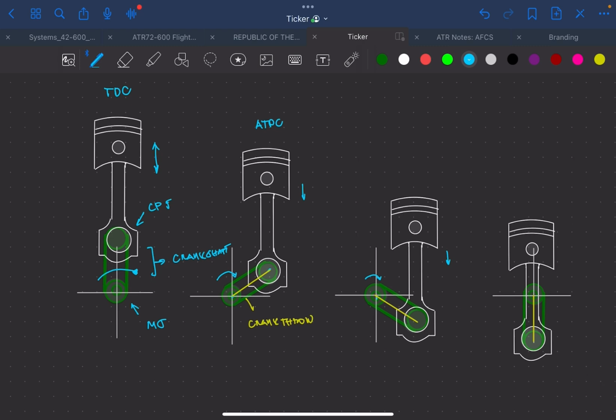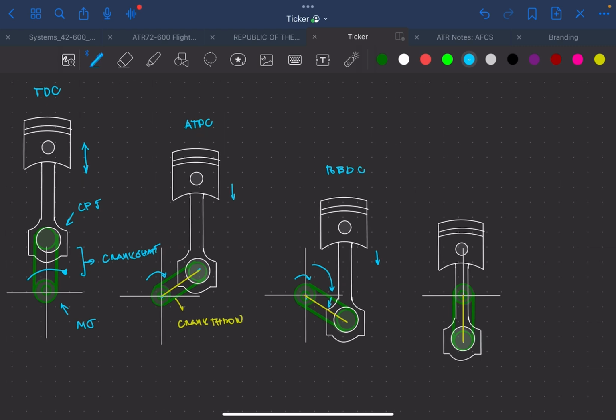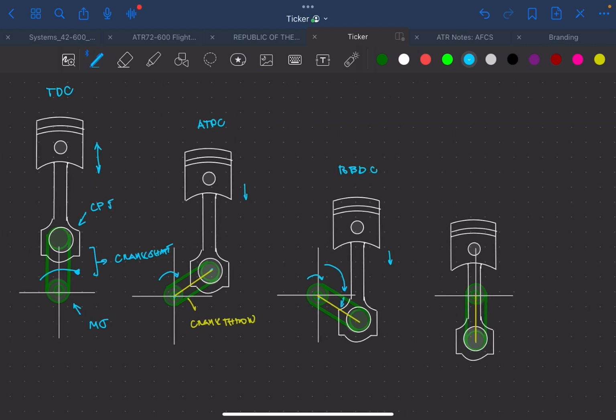Upon reaching a 90-degree rotation, this position is what we call before bottom dead center. And finally, at the most bottom position of the crank throw, we call it the bottom dead center.